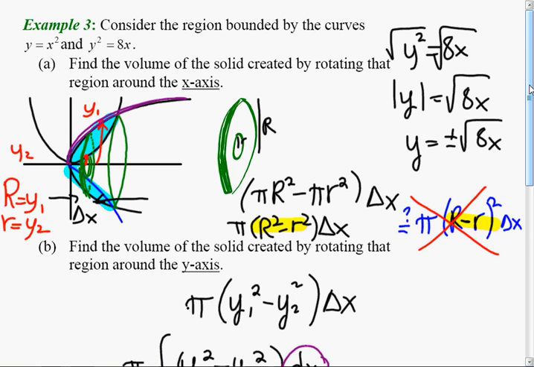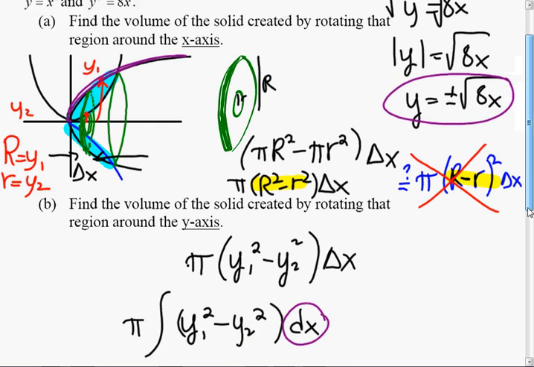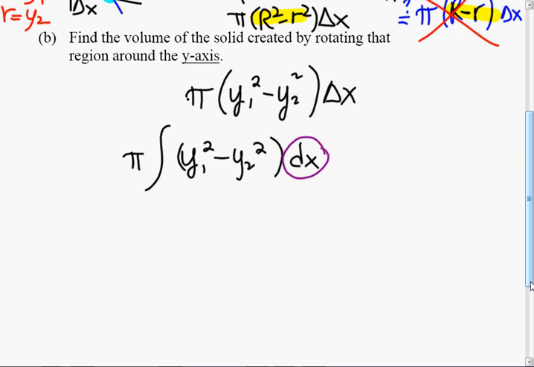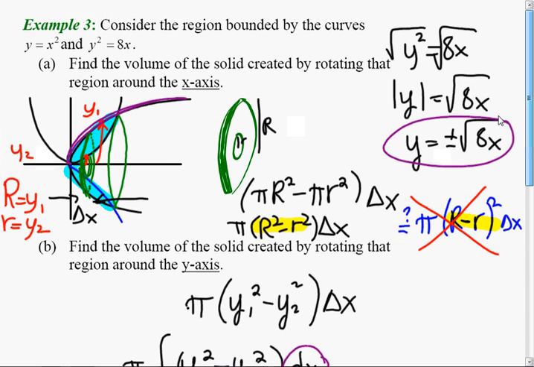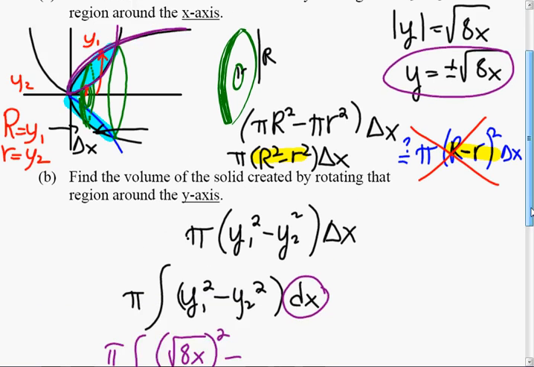Y squared equals 8x. So what's y equal to? The square root of 8x, just the positive one. So this is going to be the square root of 8x, but we're going to do what with it? Square it. Minus, and then I want y equals x squared. The little radius is y equals x squared. So it's x squared. Have we squared it yet?